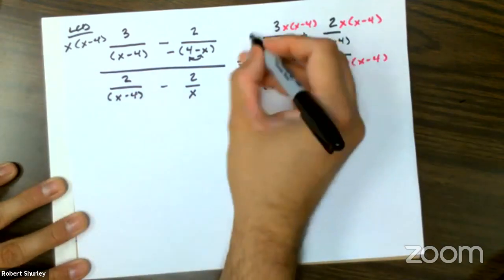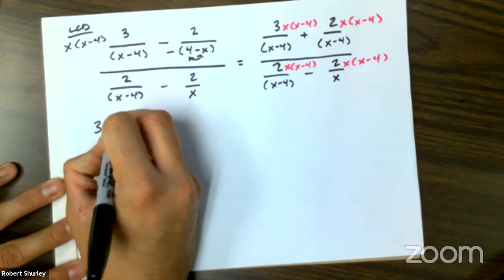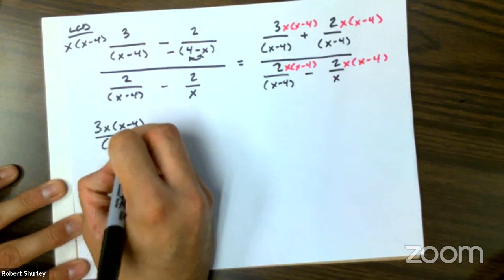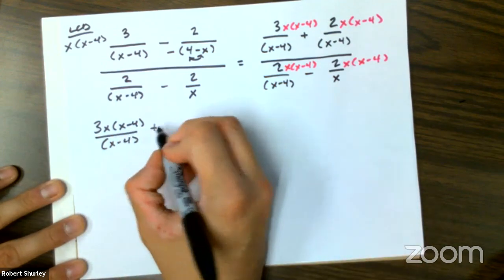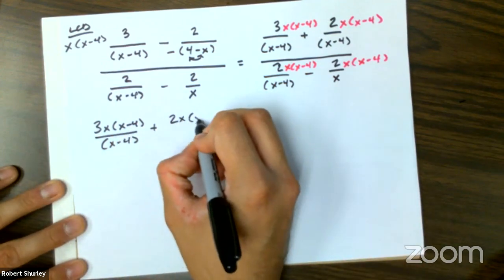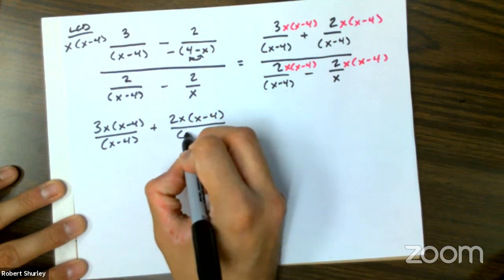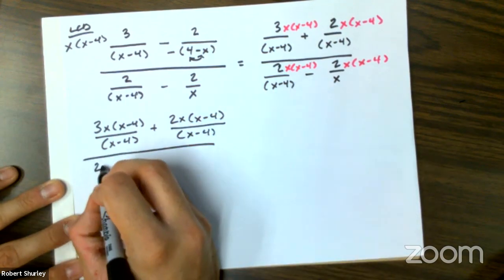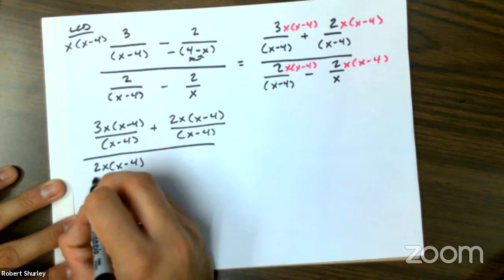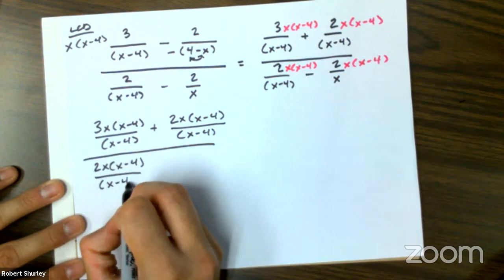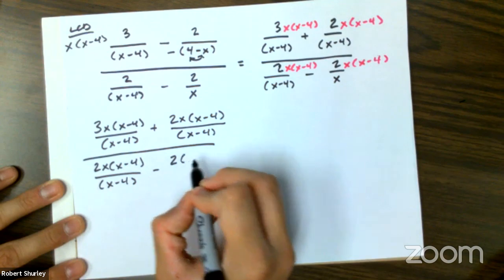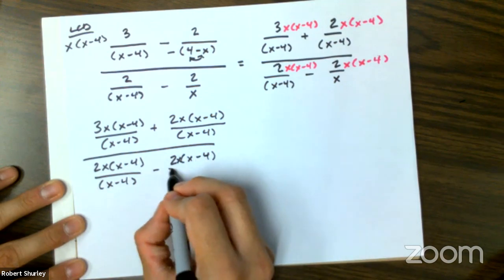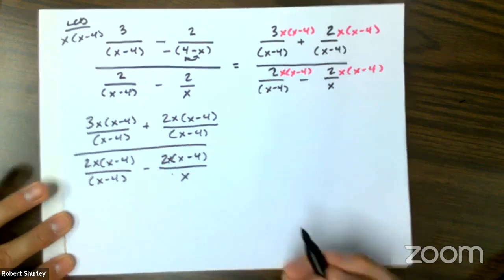But what's going on is in this first denominator, I've got 3x times x minus 4 all over x minus 4. Hey, that x minus 4 is going to cancel. Plus 2x times x minus 4 over x minus 4 all over 2x times x minus 4 over x minus 4 minus 2, oh, don't forget that x, times x minus 4, 2x times x minus 4 over x now, okay?